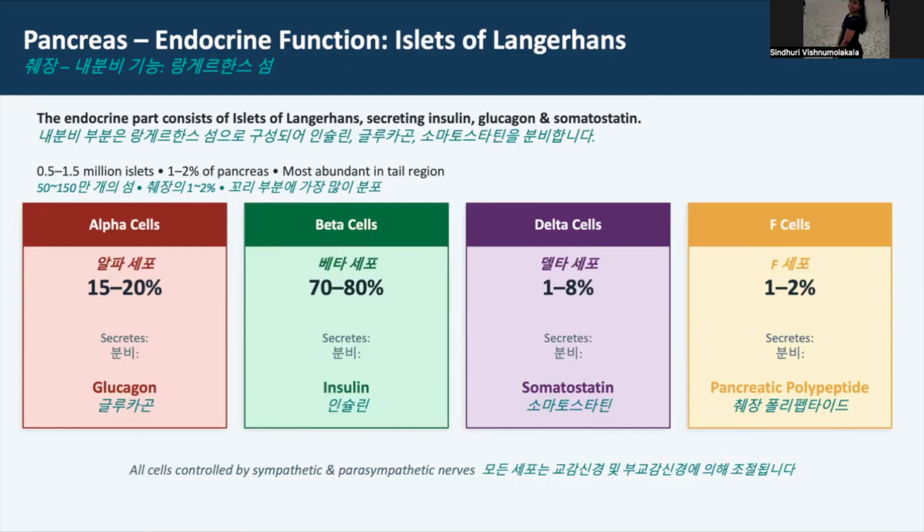And 1 to 8% are delta cells, which synthesize somatostatin and gastrin in very small amounts, and 1 to 2% are the F cells, which secrete pancreatic polypeptide, which decreases the absorption of food from the GIT.